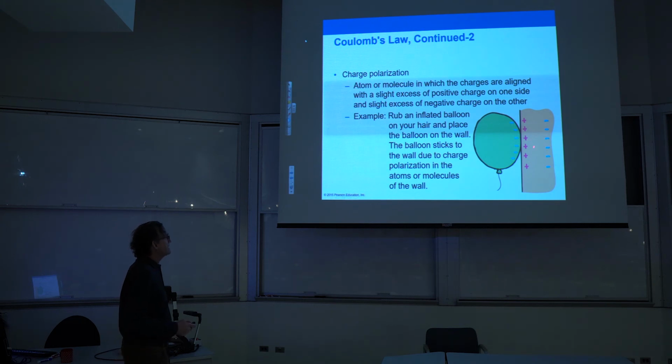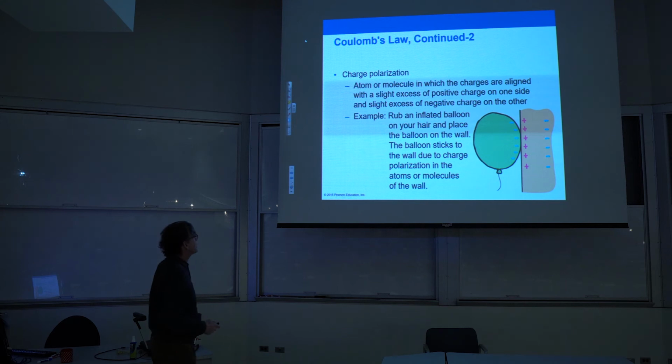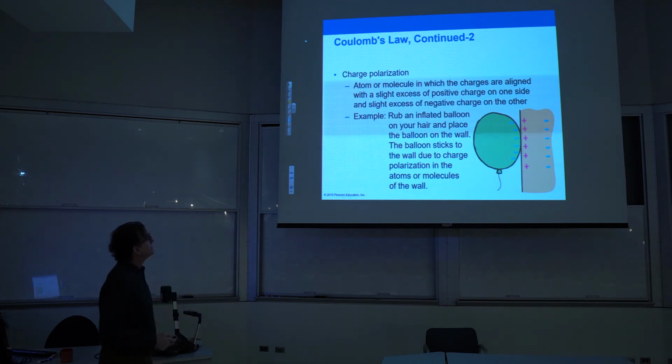The electrons in the wall are repulsed away from the electrons on the balloon, leaving behind the positively charged ions on the wall, and that attraction holds the balloon to the wall because they are attracted. Again, we do this simply by rubbing two objects together, in this case, the balloon against your hair.